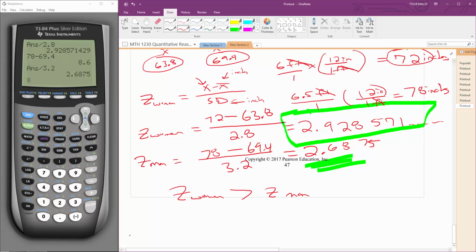So here, if this is my distribution for a woman, with x bar for a woman, and this is my z-axis, here is the z value 2.68 for the man, and then over here would be 2.92. So this female sticks out further away than the male would, within their respective distribution.